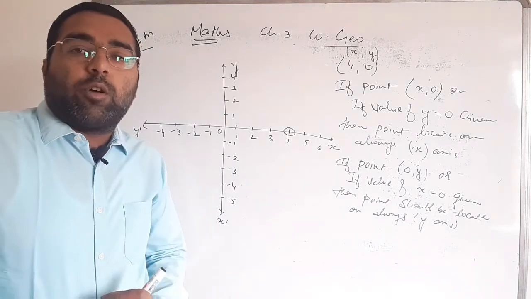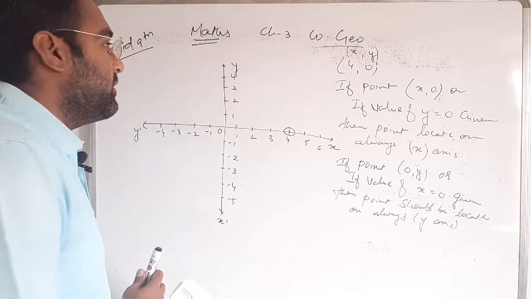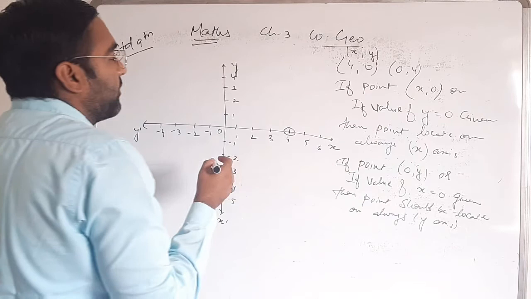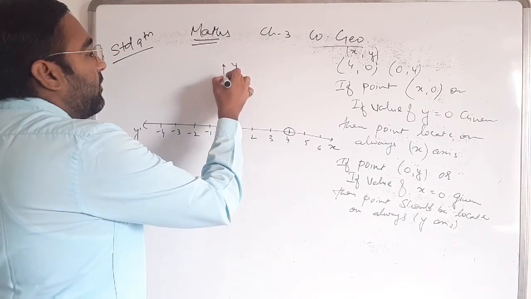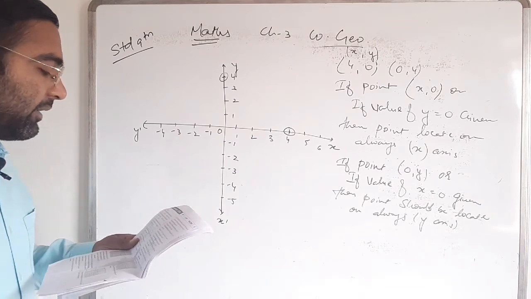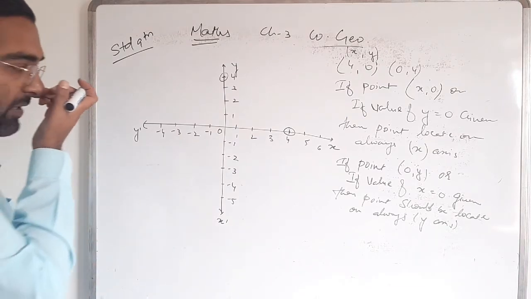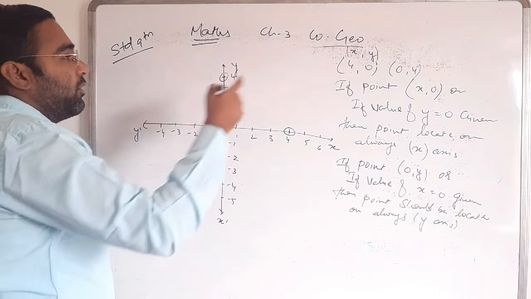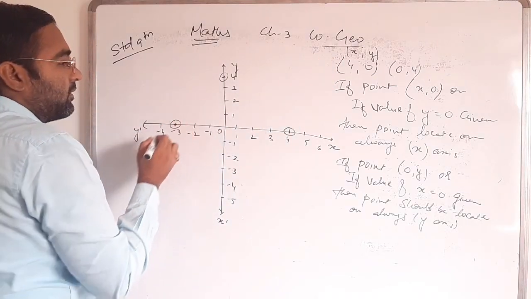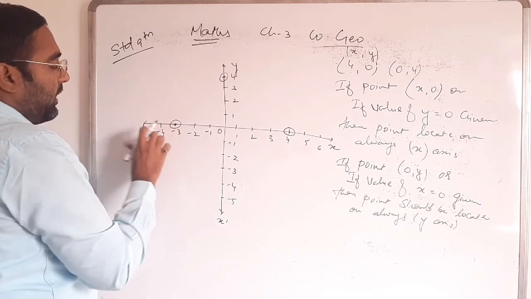Now 0 comma 4: the value of x is 0 and the value of y is 4, so it is located on the y-axis. Minus 3 comma 0: the value of x is given and the value of y is 0, so it is on the x-axis.